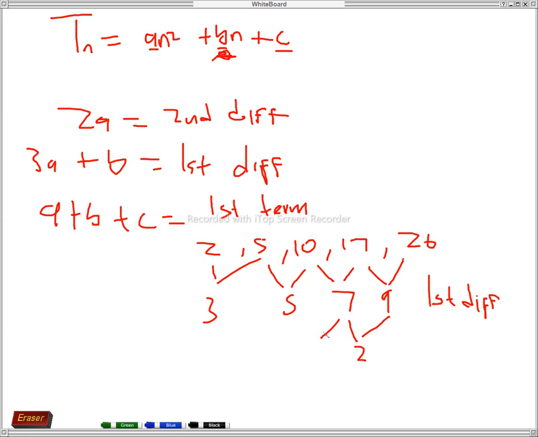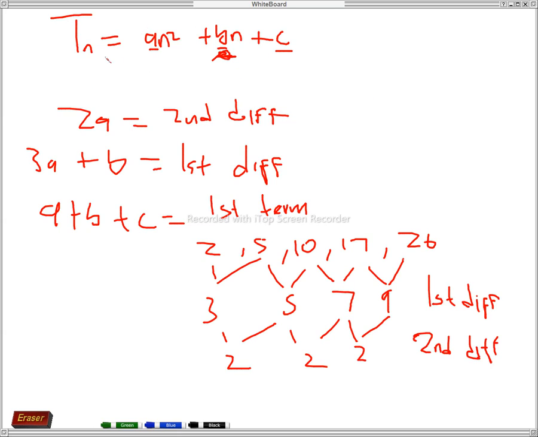9 minus 7 is 2, 7 minus 5 is 2, 5 minus 3 is 2. So this is the second difference. Now I have to determine my general equation, the original term.